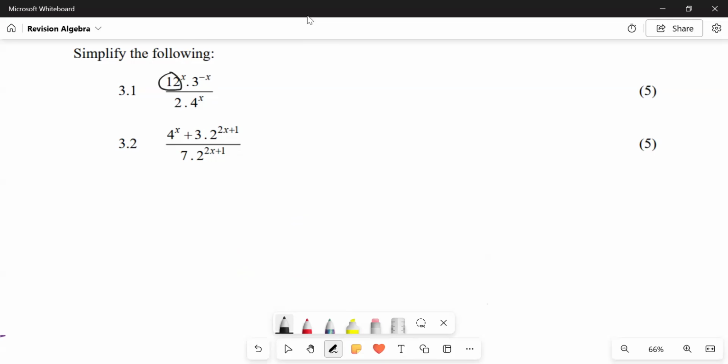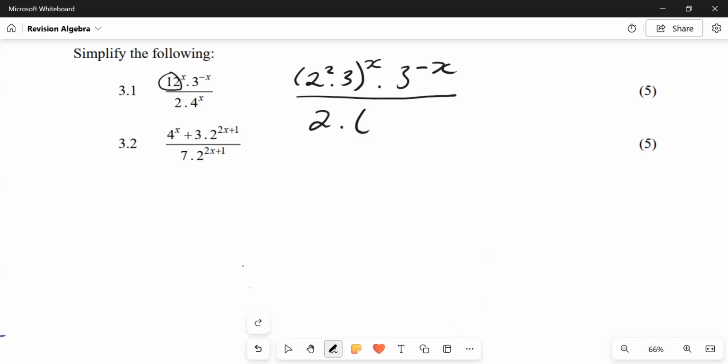So this 12 can be expressed as 2 squared times 3. And then 4, that's just 2 squared, all to the power x, right?